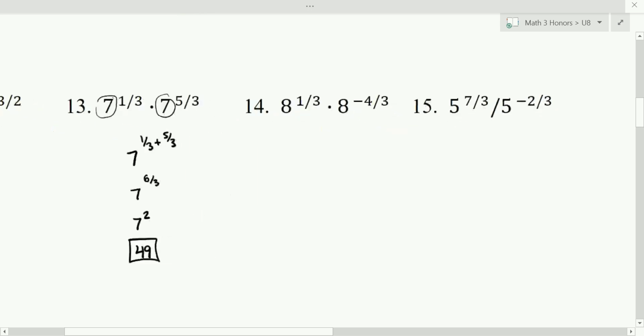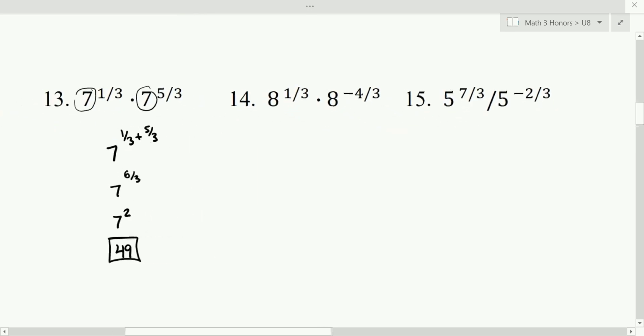Let's look at 15. That's a division sign, okay? So we have 5 to the 7/3 divided by 5 to the negative 2/3 power. And when we're dividing, if the base is the same, what do you do with the exponents? Subtract. So 7/3 minus the negative 2/3.